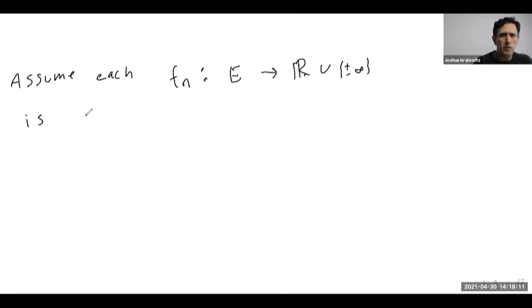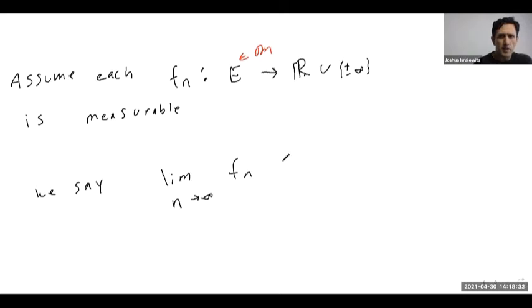So assume each one of these is measurable. Again, E, we assume for the millionth time, is measurable. So I don't really even need to define at this point what Fn converges to F almost everywhere means. I guess I kind of do.